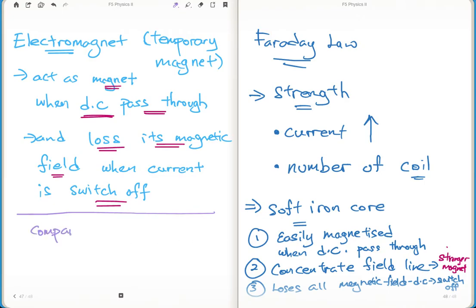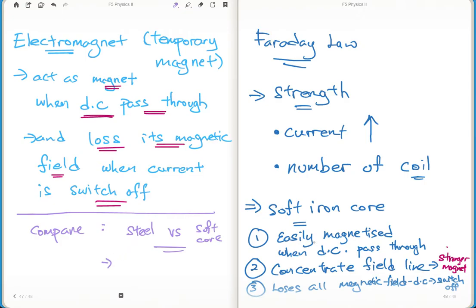You may want to compare soft iron core with steel. What happens if you use steel versus soft iron core? If you have sufficient direct current, high enough current, because steel is not easy to magnetize, you need a strong magnet. Let's say a nail with a small amount of carbon in it, a steel.